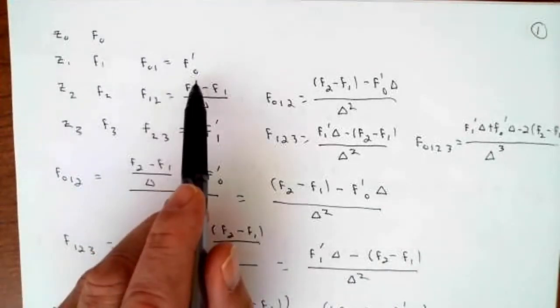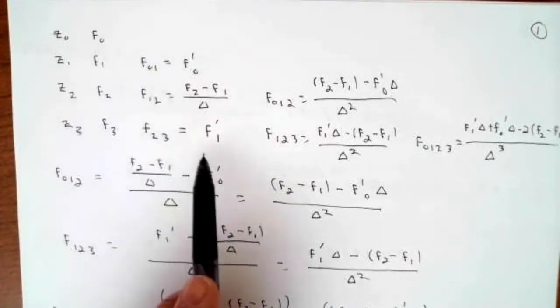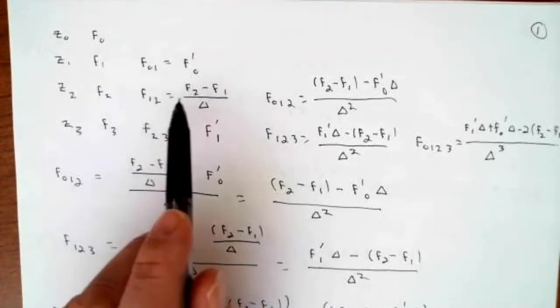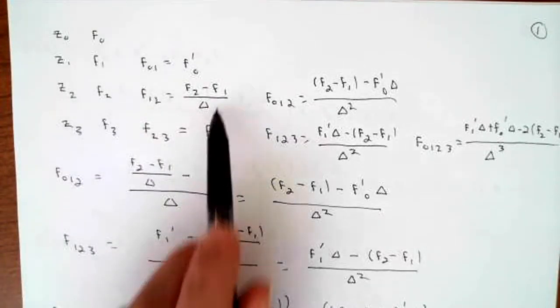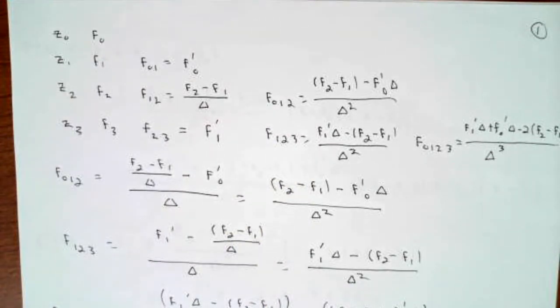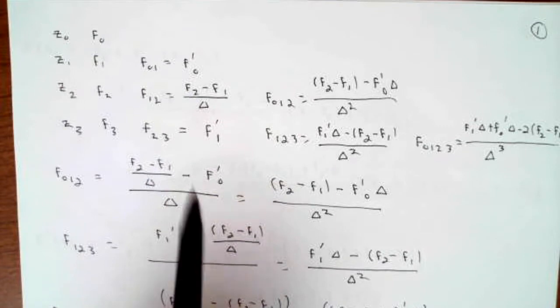So here, this is f prime evaluated at x0. This is f prime evaluated at x1. This one is a difference of two function values divided by x1 minus x0. So we now know column 1.